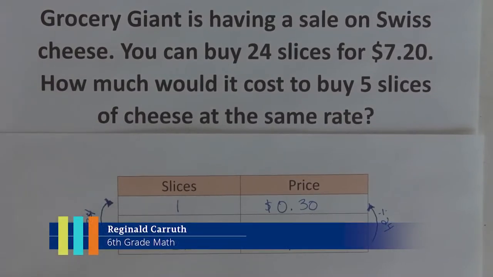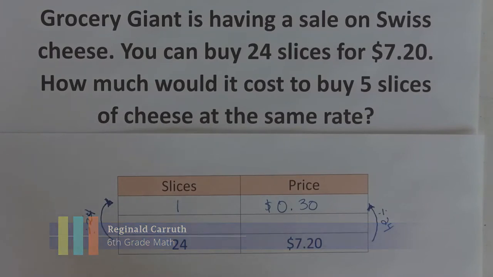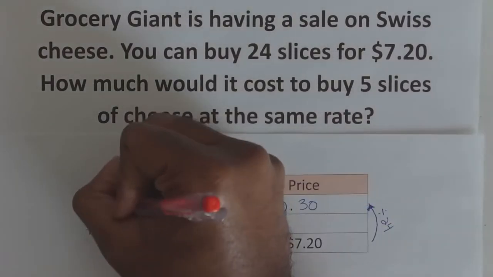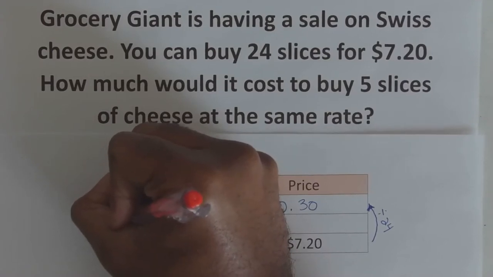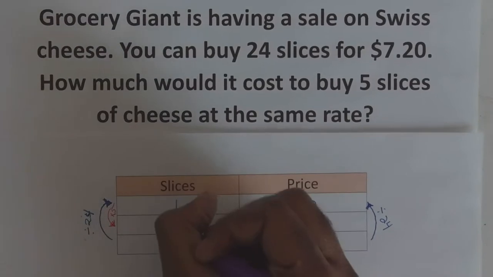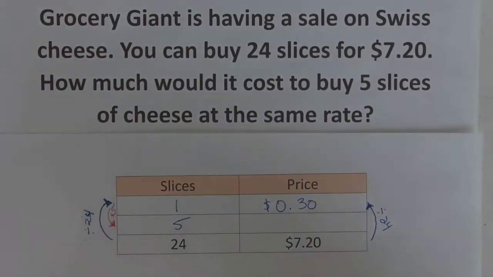So now that we know that, how can we figure out how much it costs for 5 slices? Exactly, we can multiply the unit rate by 5. So I'm going to multiply by 5. 1 times 5 is going to give me my 5 slices, which is what I'm looking for.